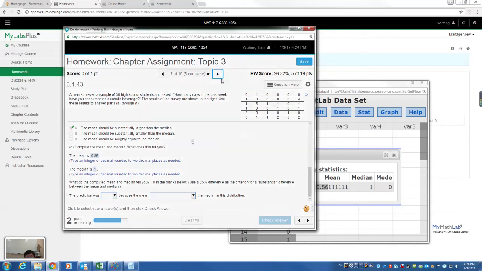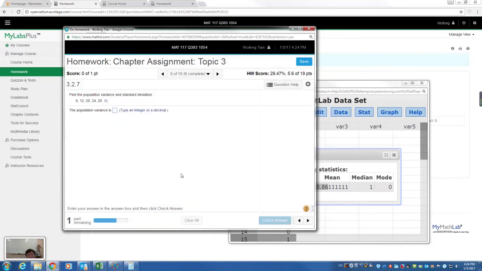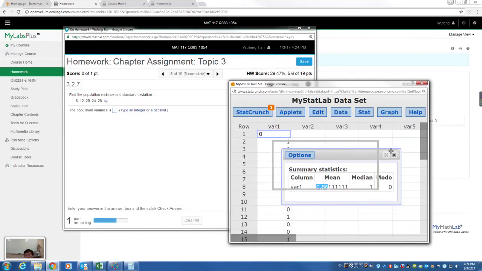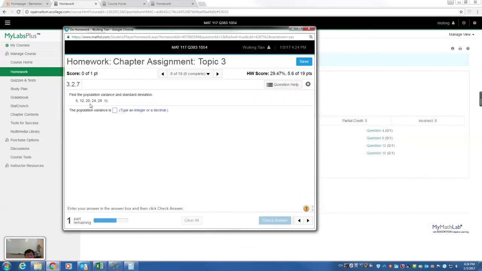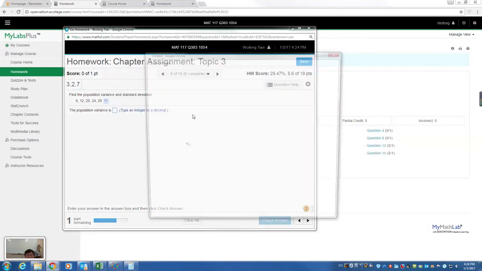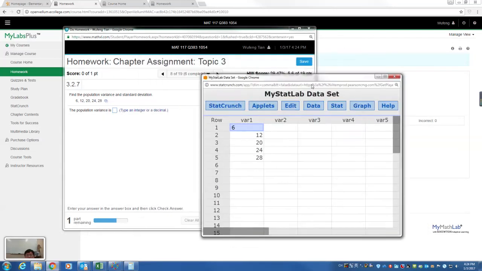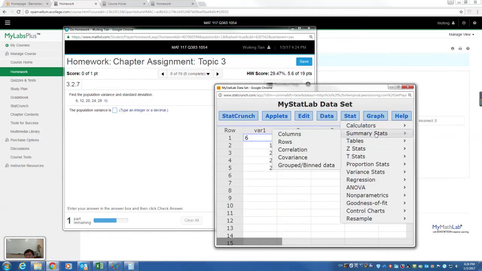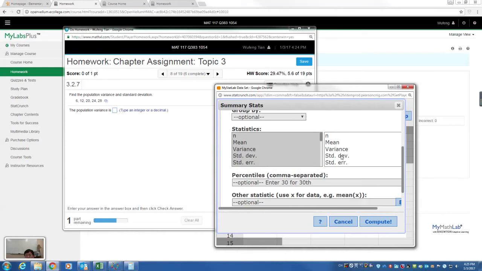Okay. So the next one, population variance and standard deviation. You can do the same thing. Open StatCrunch. Okay, so you do summary stats, columns, choose this one. If it says population variance, it is not this mean and this variance, because this is the sample mean and sample variance.